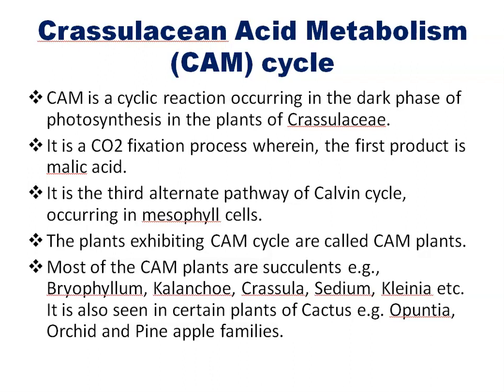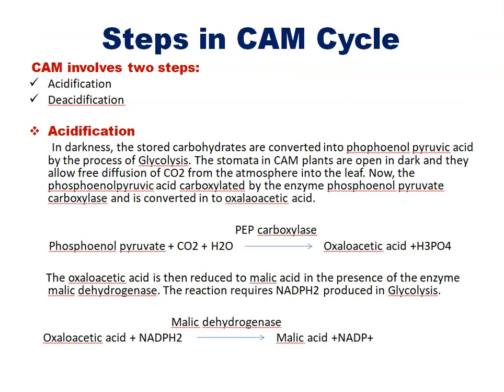These are some examples like Bryophyllum, Crassula, Sedum, cactus like Opuntia, and some orchids. CAM involves 2 steps, acidification and deacidification. Now, CAM plants we know are succulent, and they grow under extremely xeric conditions.